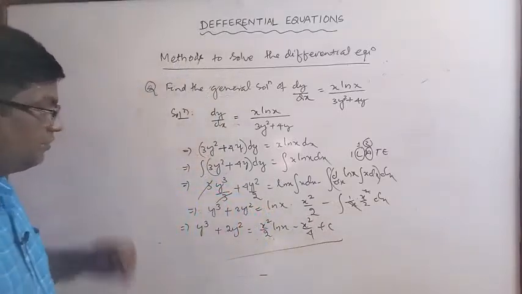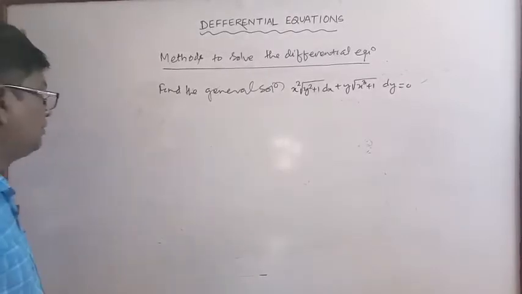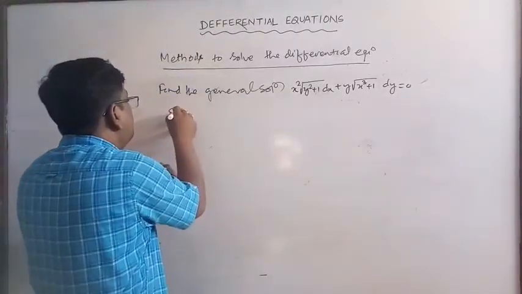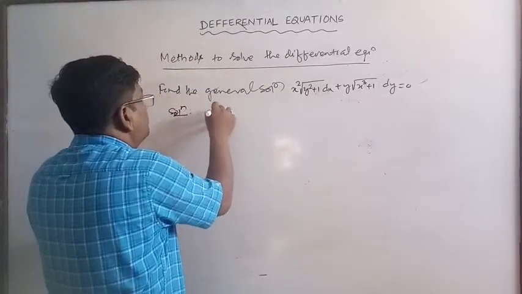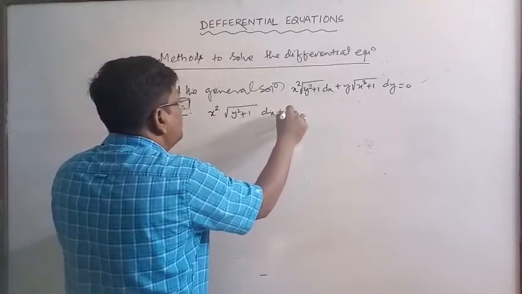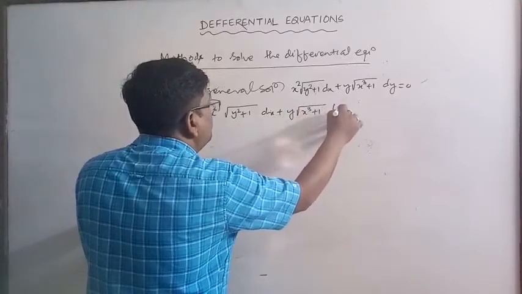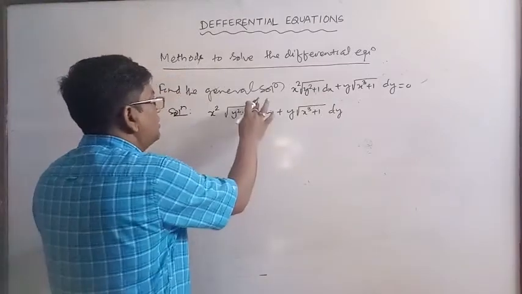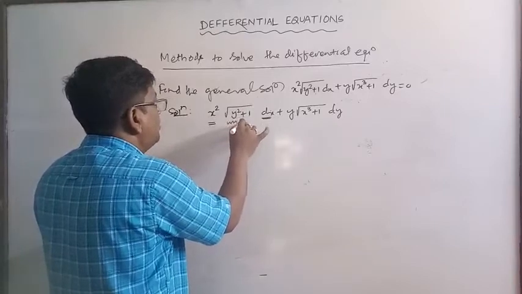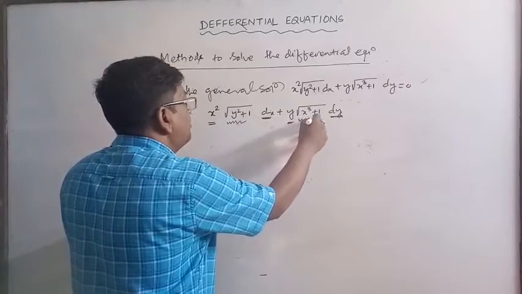Okay, now another question. Find the general solution of this. So the answer is x square into root over y square plus 1 into dx plus y into root over x cube plus 1 into dy. Look, for dx, this term is required and this is not required. For dy, the y term is required and this is not required.